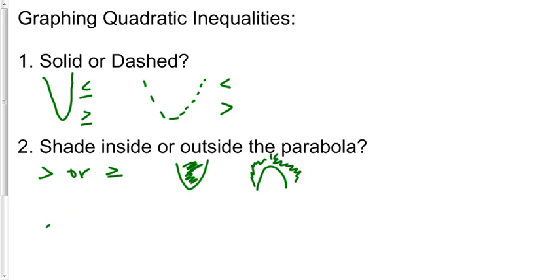Let's say your symbol is less than or equal to. If you have a regular U-shaped parabola, you're going to shade underneath the parabola, or outside of it. And if your parabola is upside down, you're shading underneath it again, so you're inside. So I still like to think of less than as shade below, and greater than as shade above.